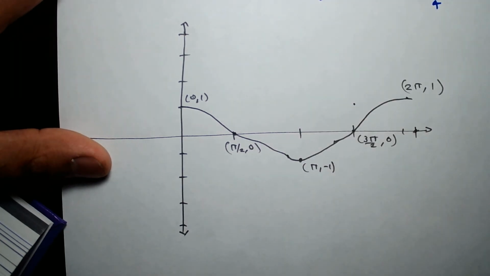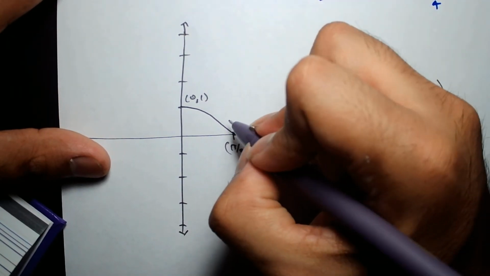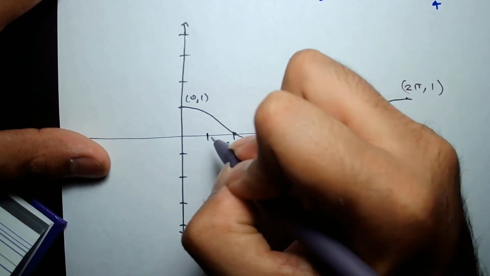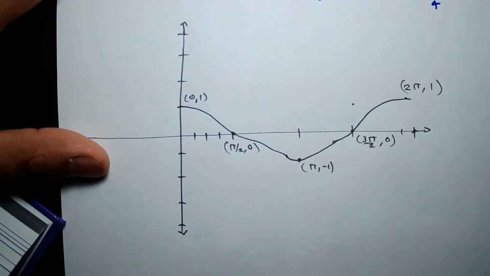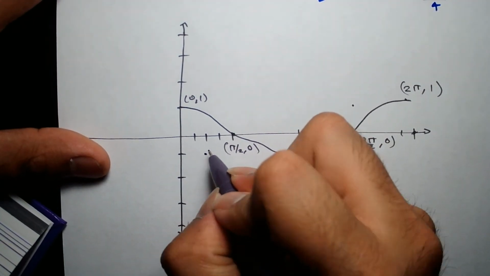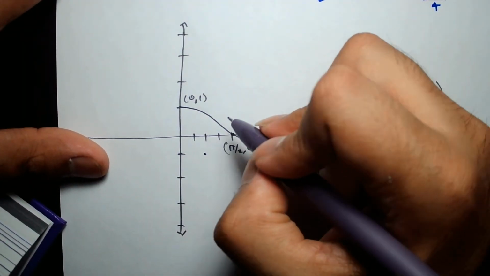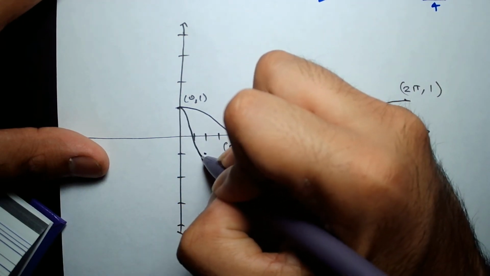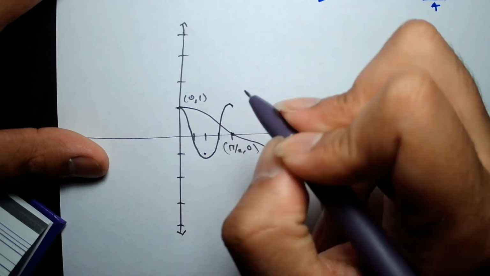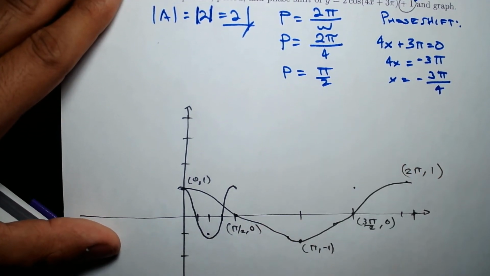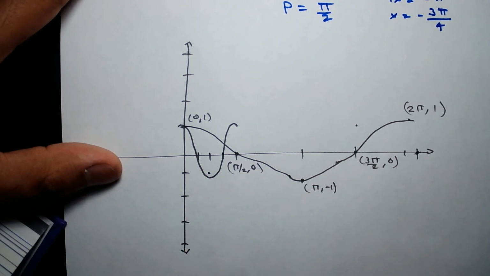Okay, let me use the same pen. I'm going to divide this into 4 exact parts, and it's going to look like this. It's going to be compressed big time. That's only one period with this compression, right? So that's only one.